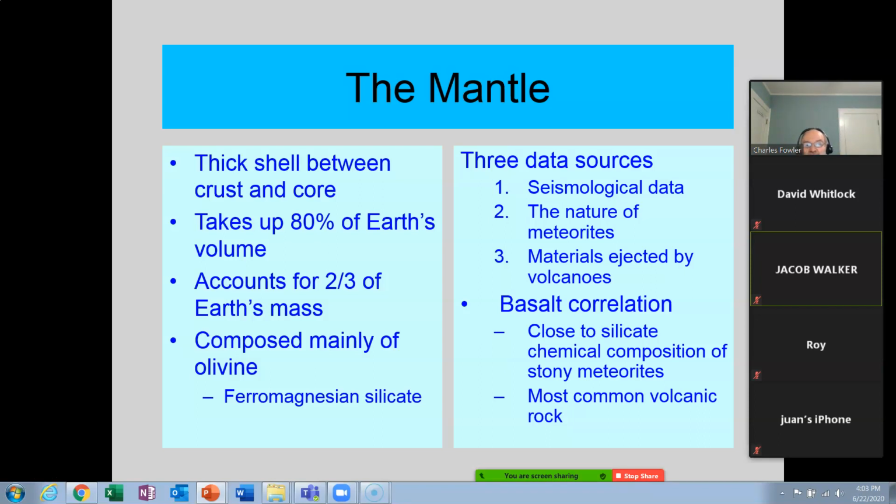That's why they say it's the most common volcanic rock, because it formed at or near the surface, either underwater or on land in air. And for some reason, that seems to be close in silicate composition to the chemical composition of the stony meteorites. So that's where the nature of meteorites suddenly and strangely relates to how the Earth is put together interior.